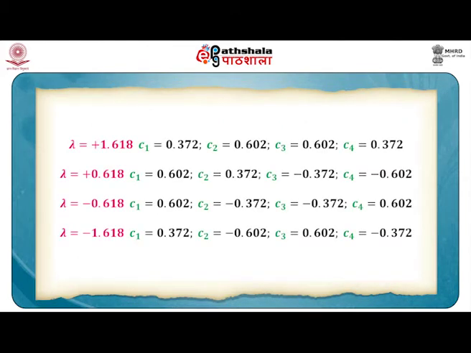And these values come out to be, as you can see here, when lambda is equal to plus 1.61, then corresponding C1 is equal to 0.372, C2 is 0.602, C3 is 0.602 and C4 is 0.372.